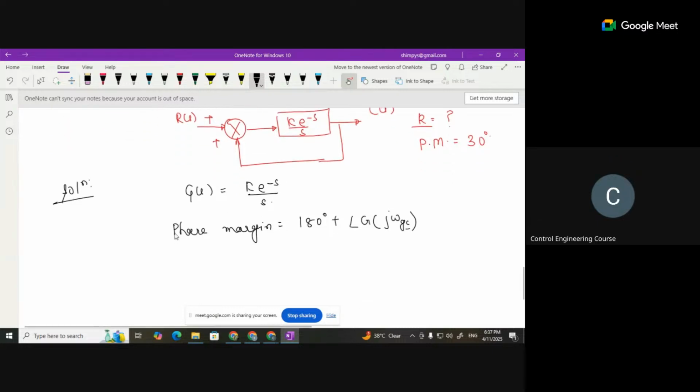If we see the magnitude at the gain crossover frequency, I can write this as the magnitude of the gain, sorry, at ωgc, that is equal to 1, right?